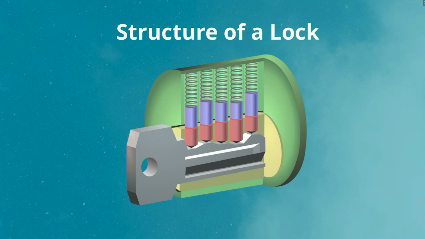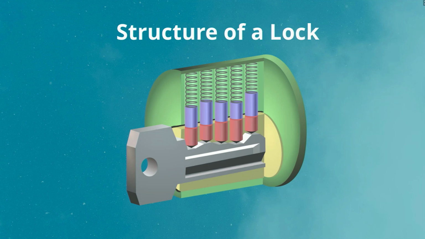This is the bit that turns when you turn the key. And then connecting the lock body to the barrel inside that body, we have the pins of the key. The structure of this is very simple. You have a spring at the top, which ensures that the lock closes and locks together.